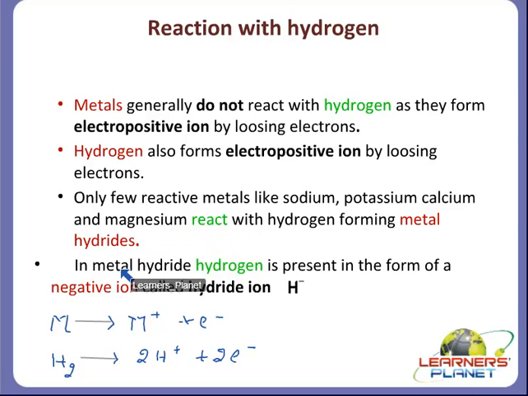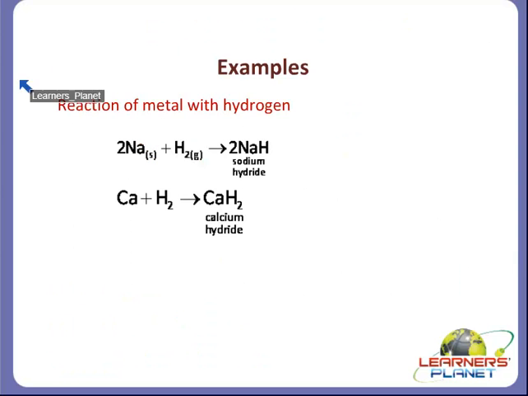In a metal hydride, hydrogen is present in the form of a negative ion. Metals like sodium, potassium, which are very reactive, lose electrons, and hydrogen gains electrons. Let's see its example: sodium with hydrogen forms sodium hydride.